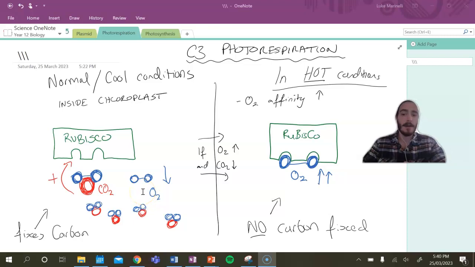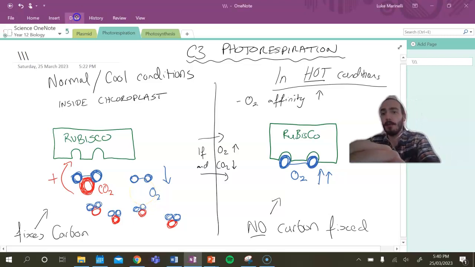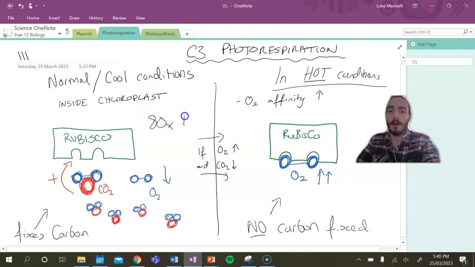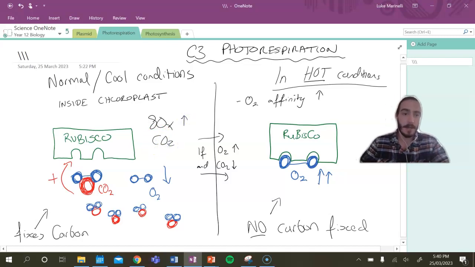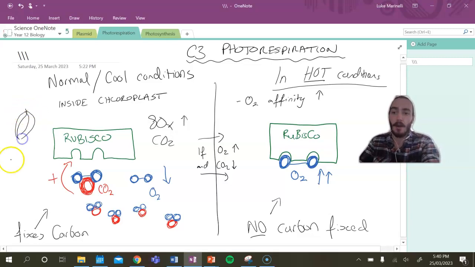Okay, now in normal scenarios, there is approximately an 80 times higher affinity for carbon dioxide. Okay, so Rubisco wants to bind with carbon dioxide. If it can, it will. Okay, so in normal circumstances, photorespiration doesn't occur because carbon dioxide binds with Rubisco. Now, obviously, this is assuming that we have our stomata open and carbon dioxide is coming in.